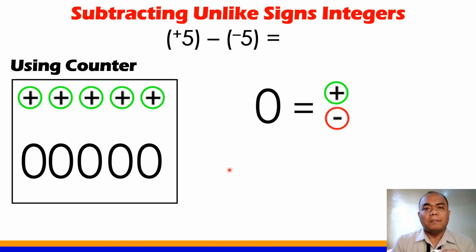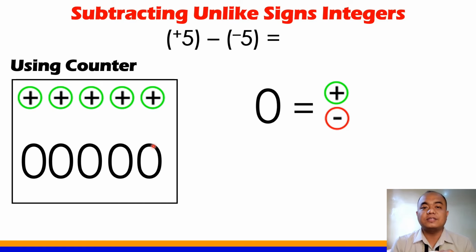Okay? Bakit natin gagawin yan? Kasi nga, maglalagay tayo ng negative counter sa loob ng box natin kasi ito yung hinihingi ng problem, no? Kinakailangang mag-deduct tayo ng negative counters. Wala naman kasi tayong negative counters sa loob. Maglalagay tayo ng negative counters, pero without changing the value of our positive counters here, which is positive 5.